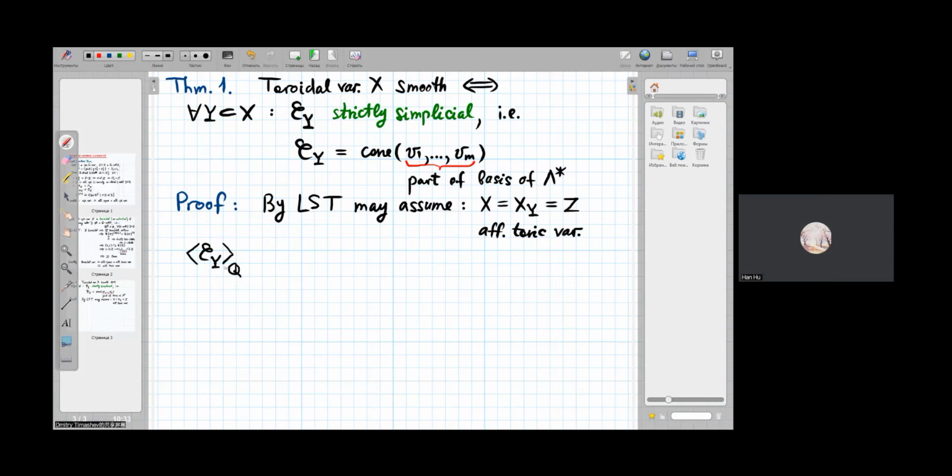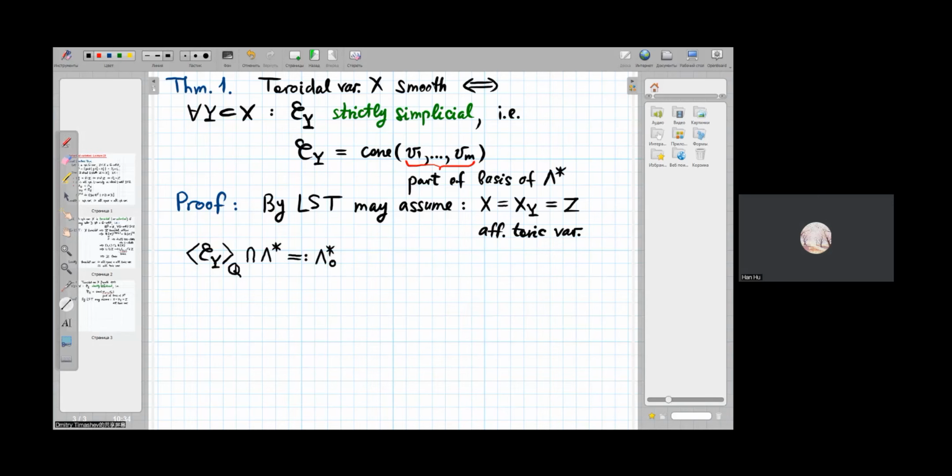Consider the linear span of this cone. It may not coincide with the whole space E spanned by the dual weight lattice. But let me intersect this linear span with the dual weight lattice, and we get a sublattice in lambda star, a sublattice which I denote by lambda star naught.